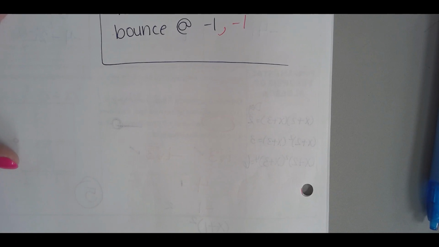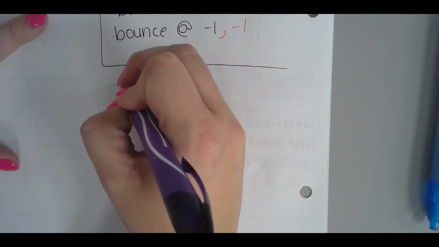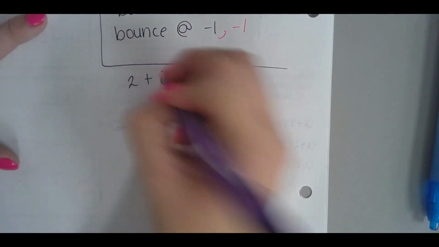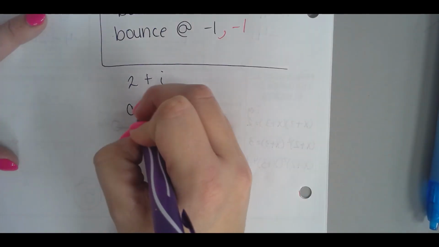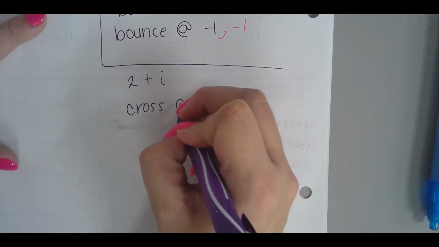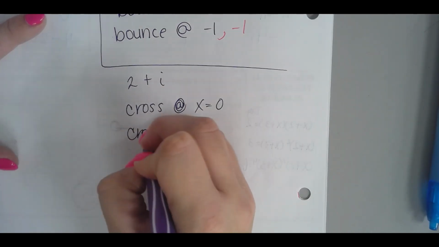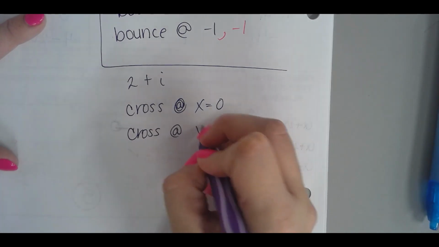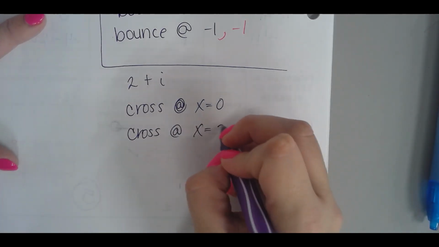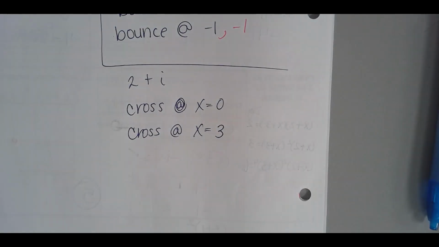All right. Let's do another one. You have an x-intercept at 2 plus i. Cross at x equals 0. Cross at x equals 3. What is the least possible degree? 4.